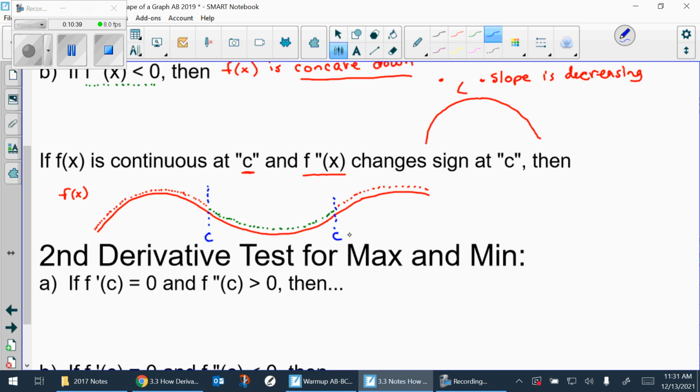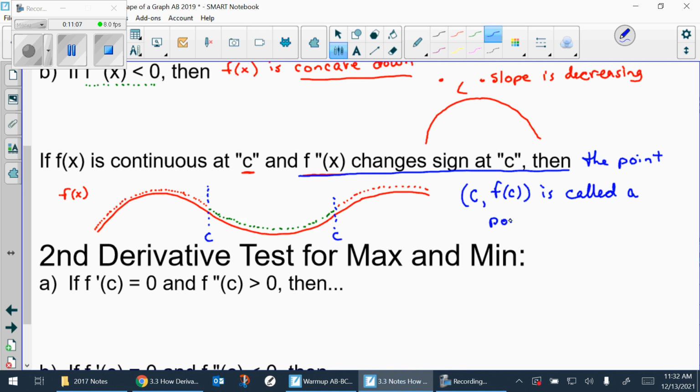If we've got a continuous function and the second derivative changes sign at C, then the point C, and whatever the y value is, is called a point of inflection. Another vocabulary term.